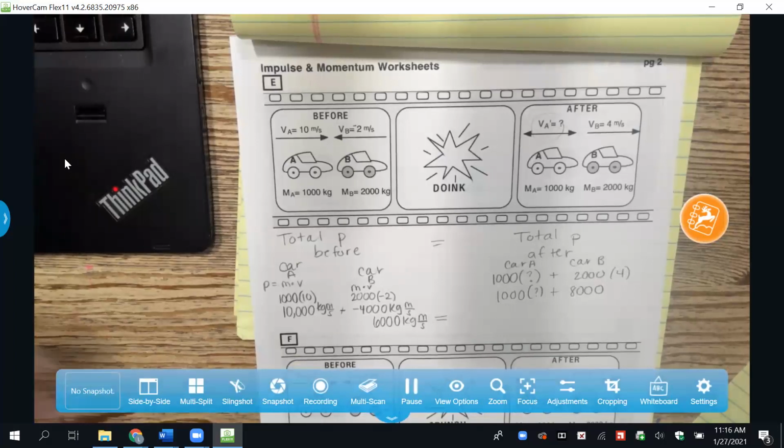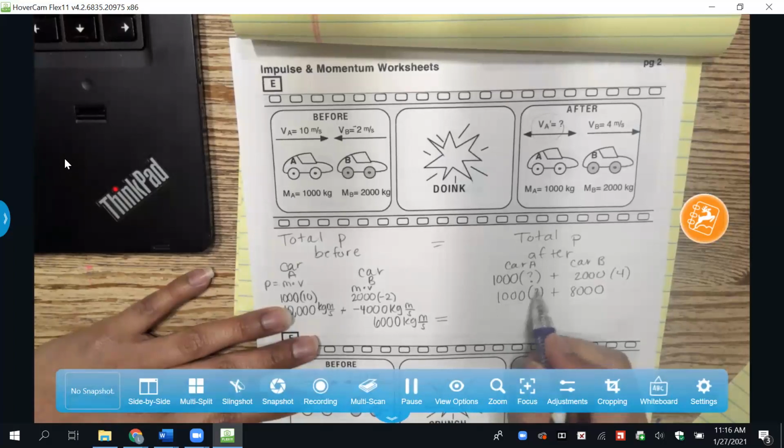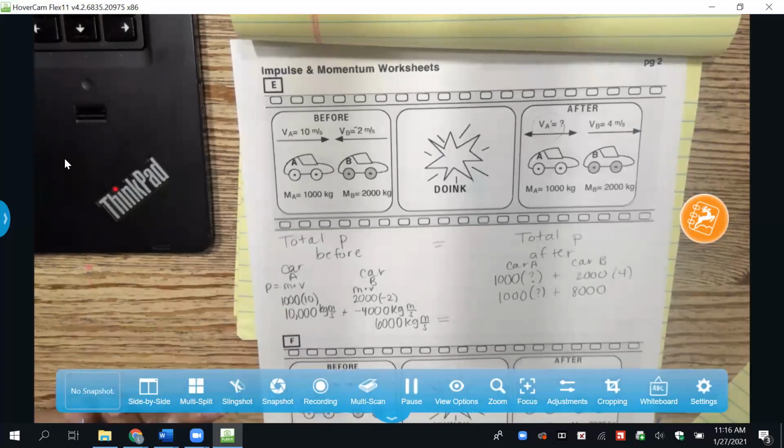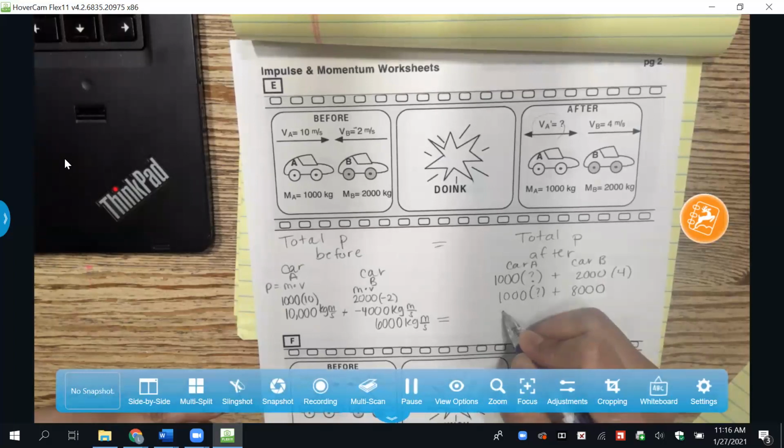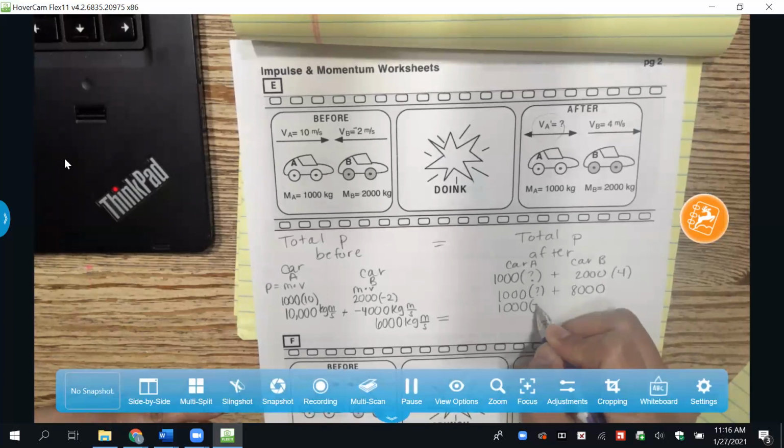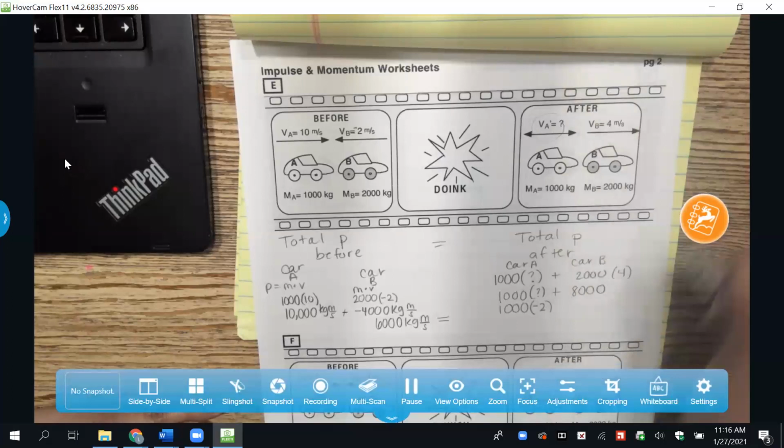Negative 2,000. So what does this unknown have to be in order for this to equal out to 6,000? Negative 2. So that's your unknown. That's your answer. That's what we're looking for.